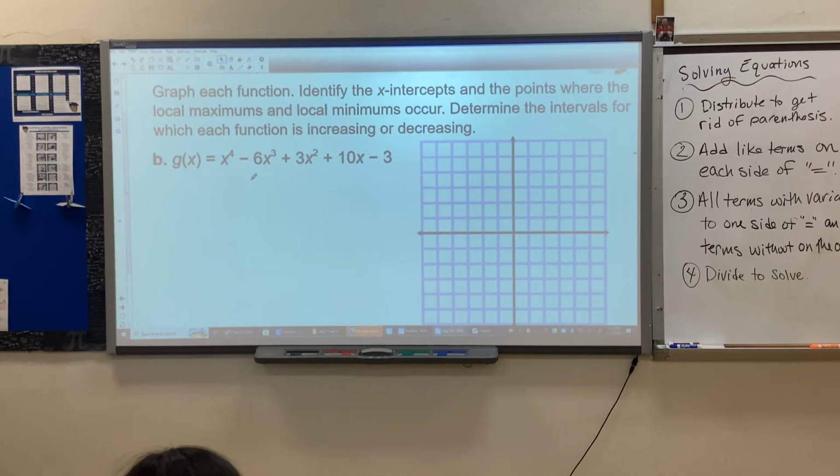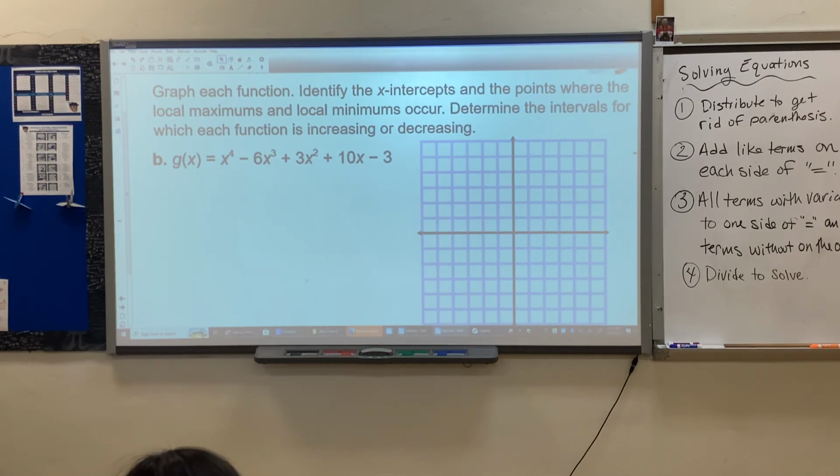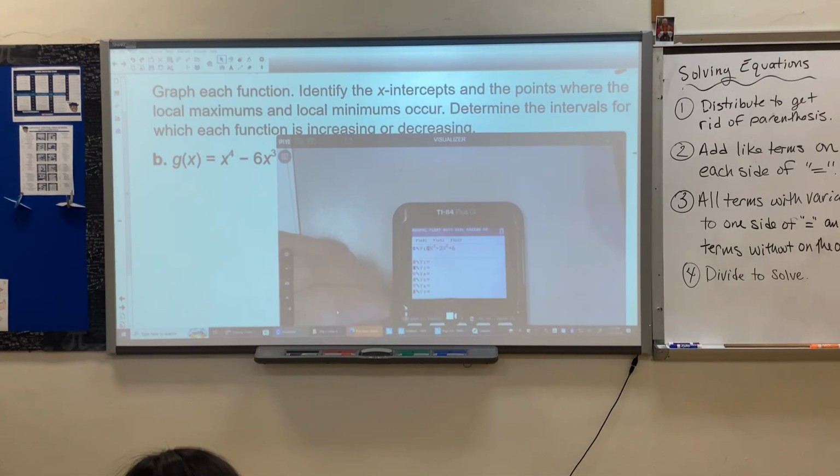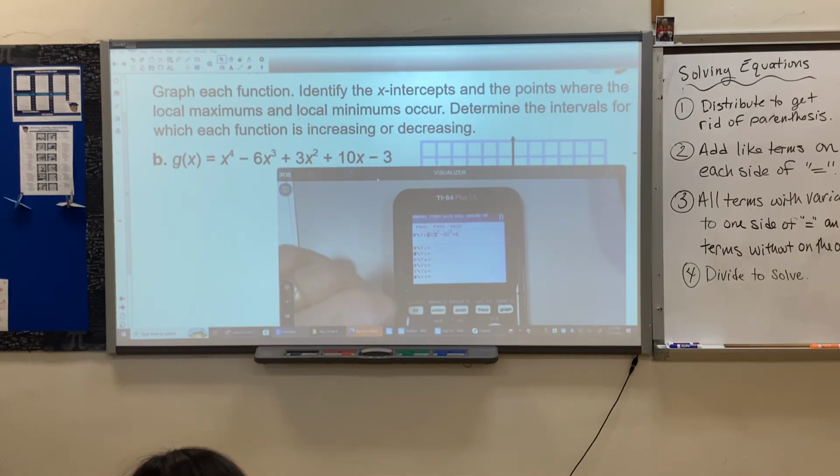Okay, let's graph this quickly. See how there's a minimum down here?